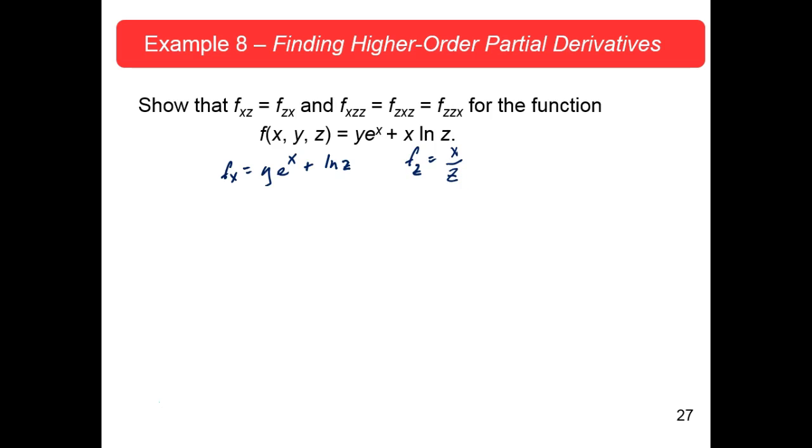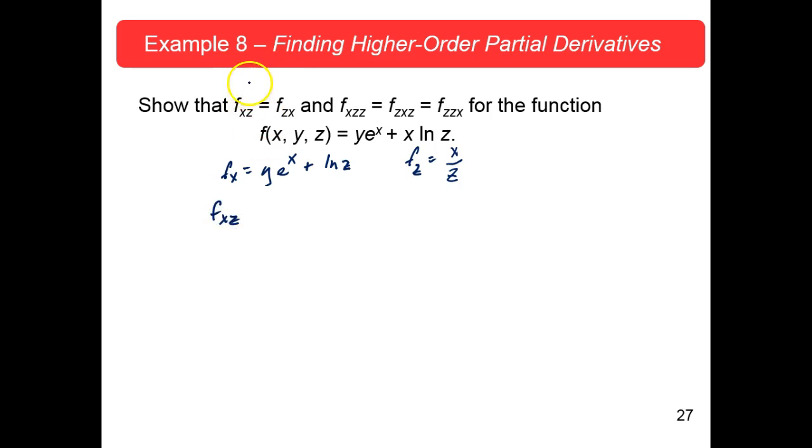Okay. So there you got your 2 first partials. You don't need one with respect to y because they didn't ask for any. You could take one, but they didn't ask for it, so we're not concerned with that. So now you've got 2 choices. Well, only one choice of what you do with this one, and you got 2 choices of what you do with that. f sub xz.